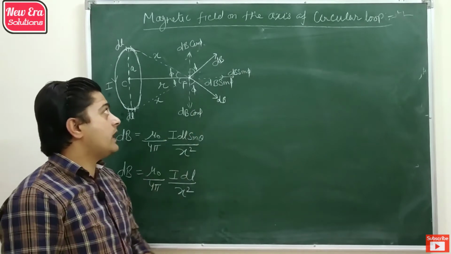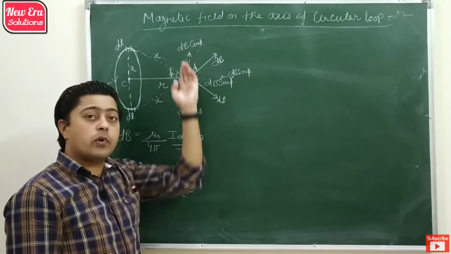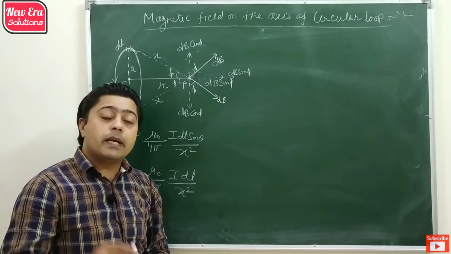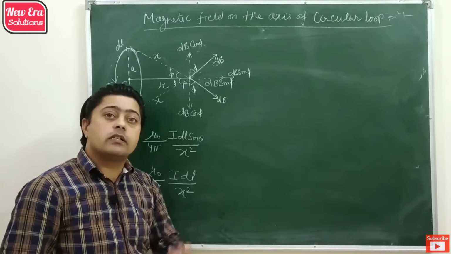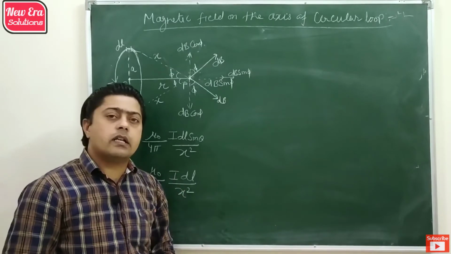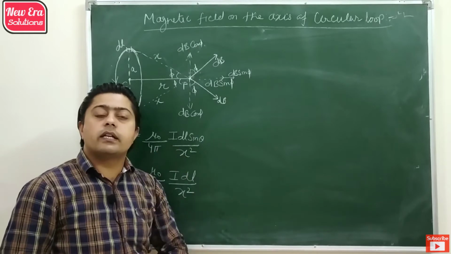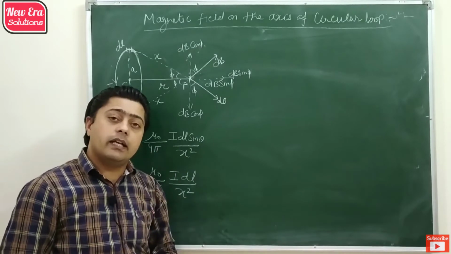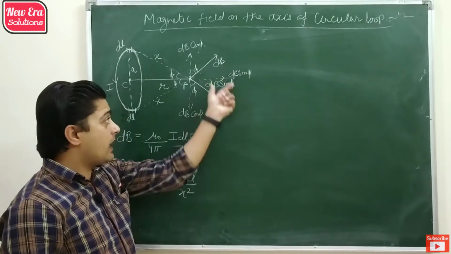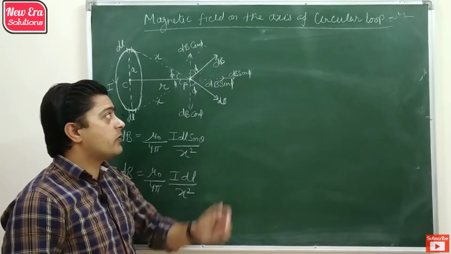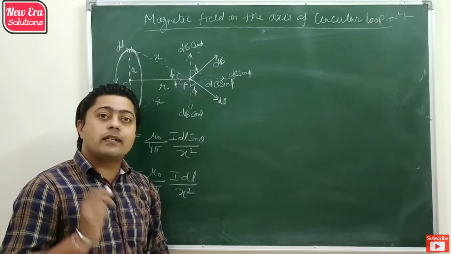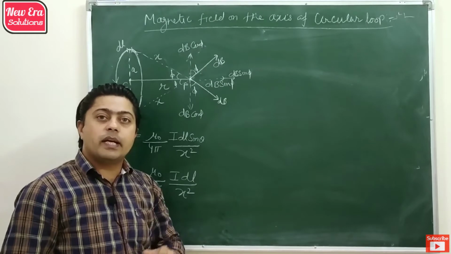So if you observe, the cos component of the magnetic field of each current element is cancelled out by the symmetrically opposite current element, and only the sine component of the magnetic field participates in the total magnetic field.